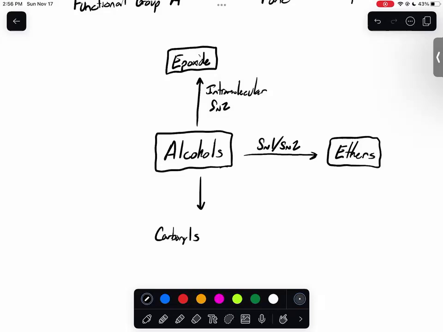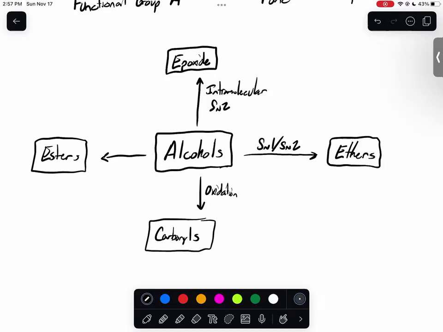Any carbonyl that you want to, you can do so through doing oxidation reactions, right? If you wanted to be more specific, one thing that you can't oxidize up to from an alcohol would be something like an ester, right? But you can make esters from alcohols. You just have to use the alcohol in a nucleophilic acyl substitution.